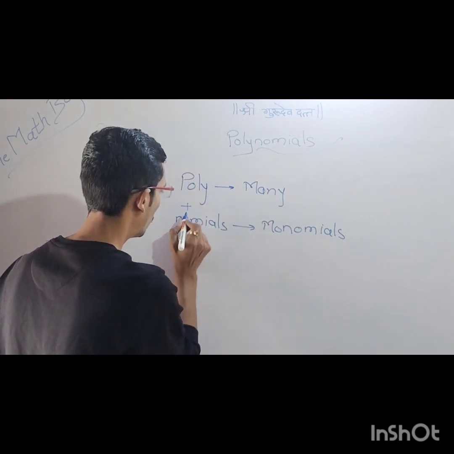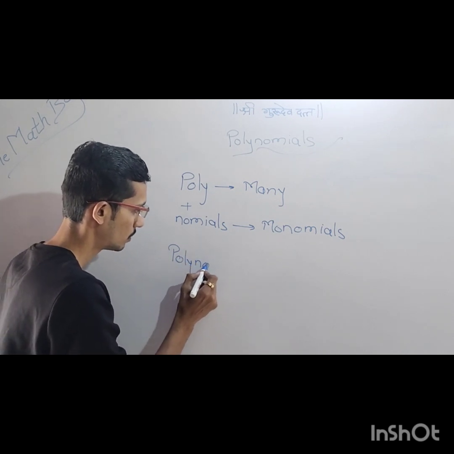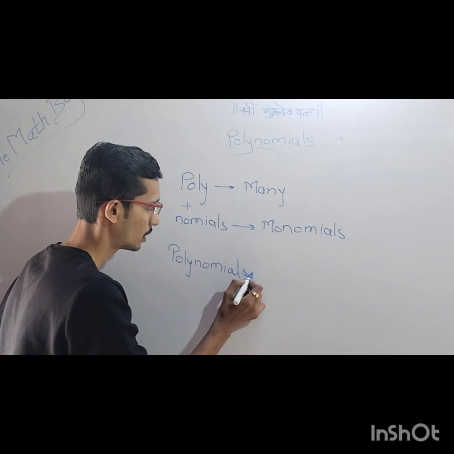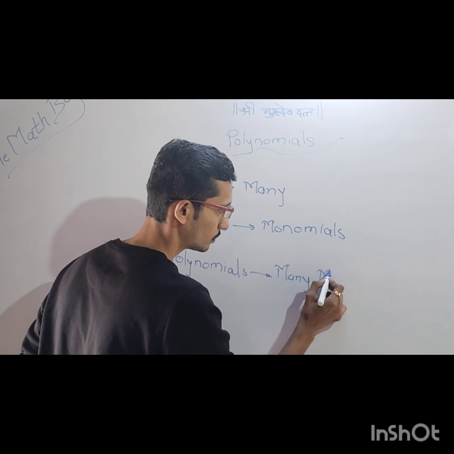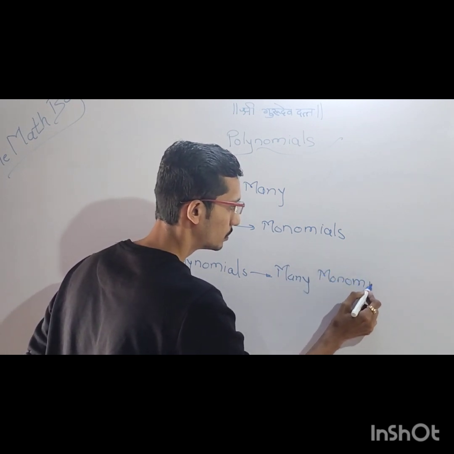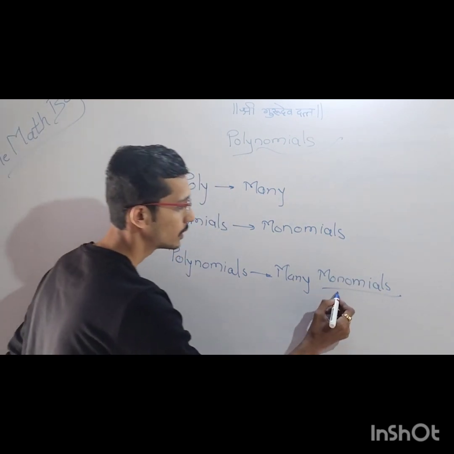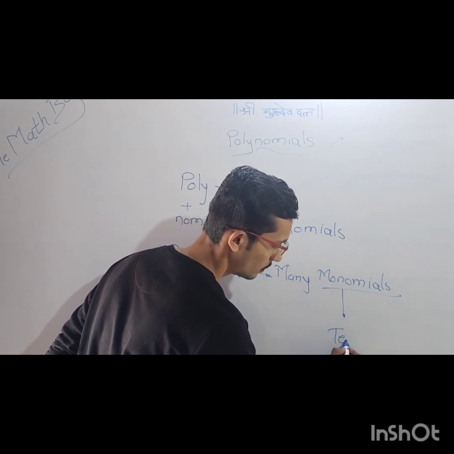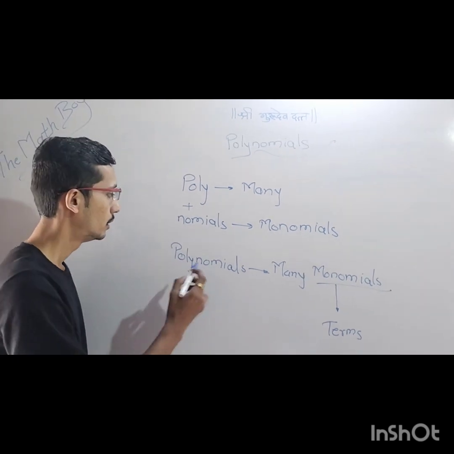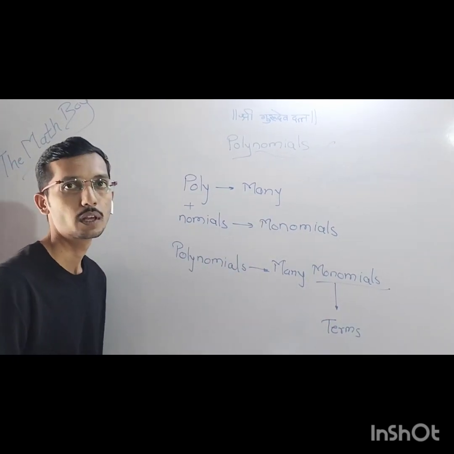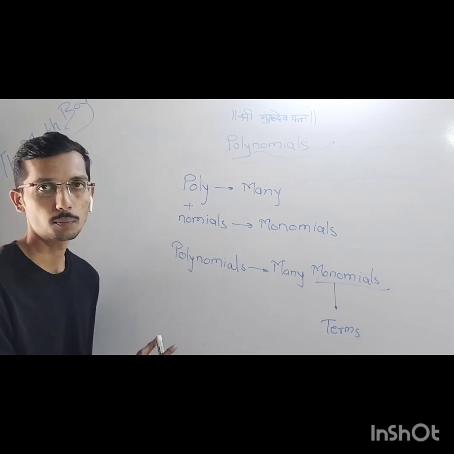When both words are combined, it forms polynomial, which has many monomials. So what is a monomial? Monomial means simply a term. So polynomial is simply many terms. That means an algebraic expression which has many terms is called a polynomial.